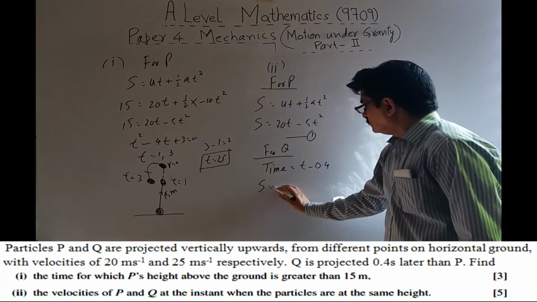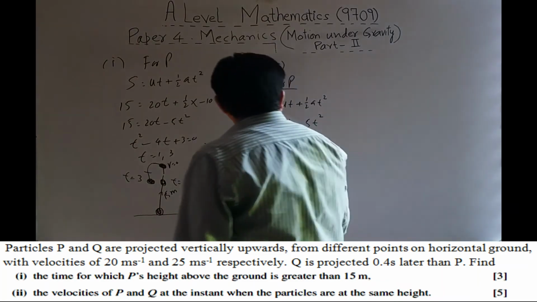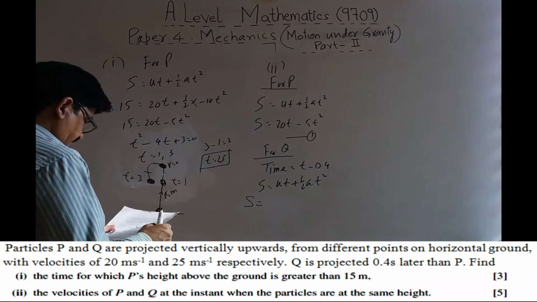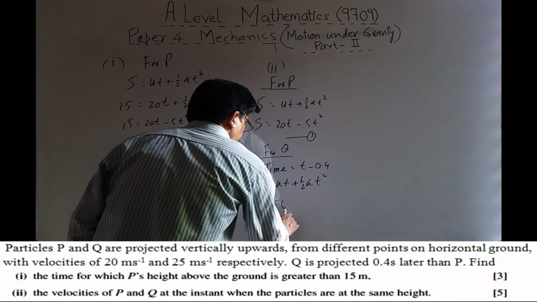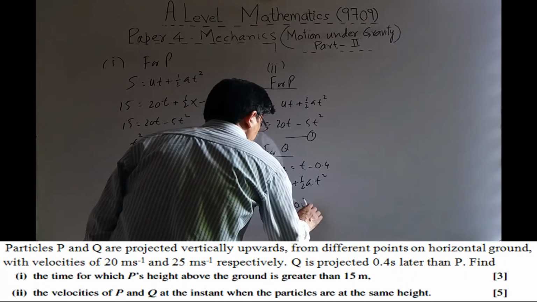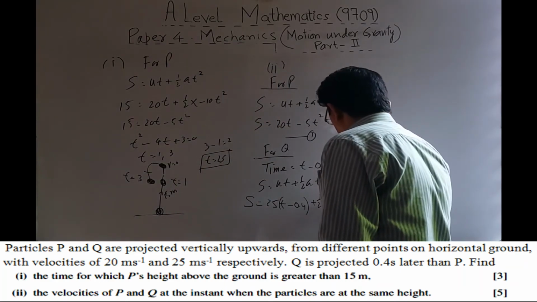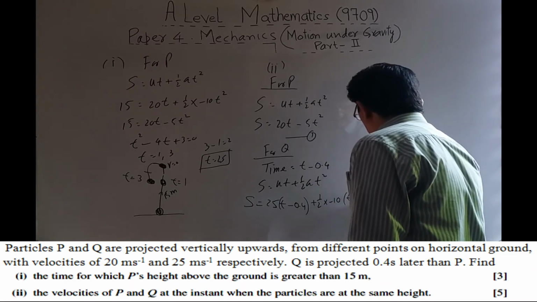So S is equal to ut plus half at square. Be careful here, velocity of Q is 25. It's 25 into t minus 0.4. So time is not t now. And this is equal to plus half a into t minus 0.4 whole square.